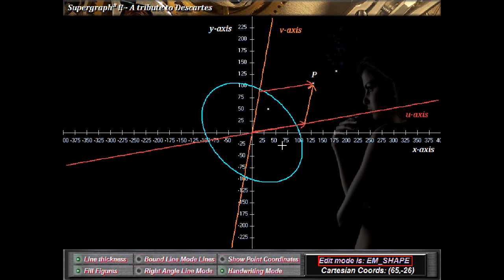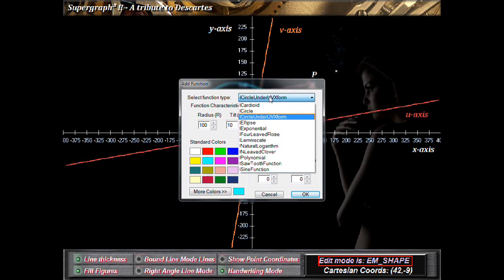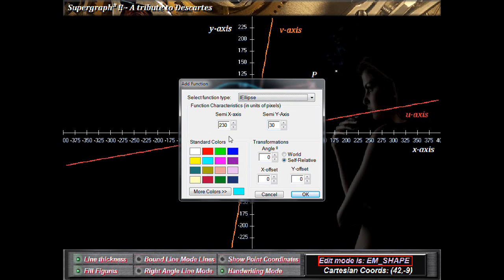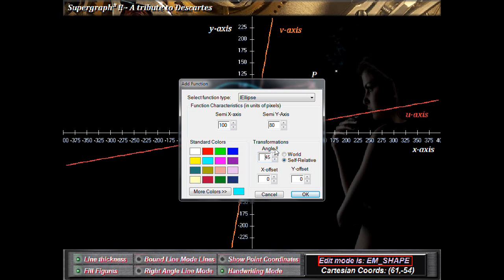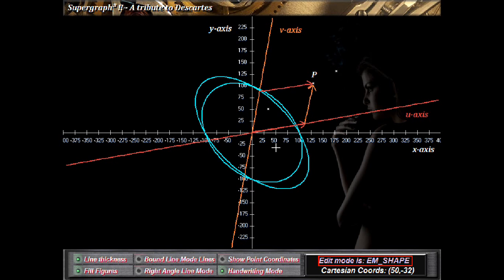Well, it turns out that this shape is exactly an ellipse. I don't know what radius it is. It's not 100, I'm pretty sure. It might be near 100. I don't know, let's just try. I have to rotate this ellipse the wrong way. It looks like it's bigger. Less skewed.